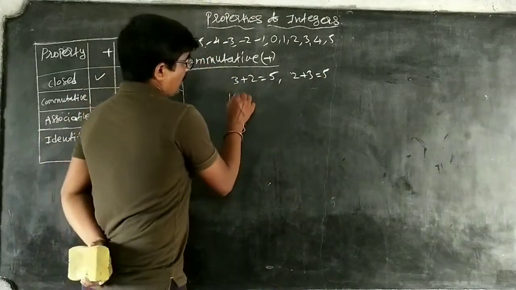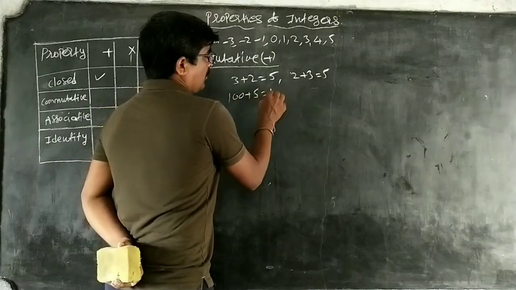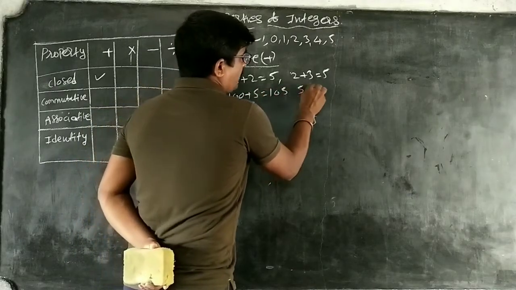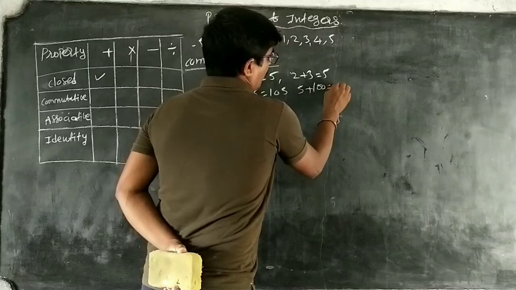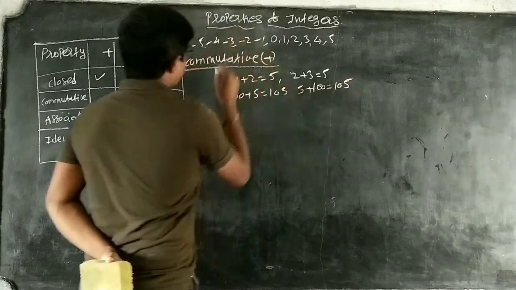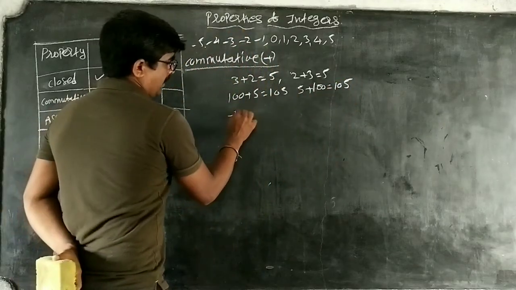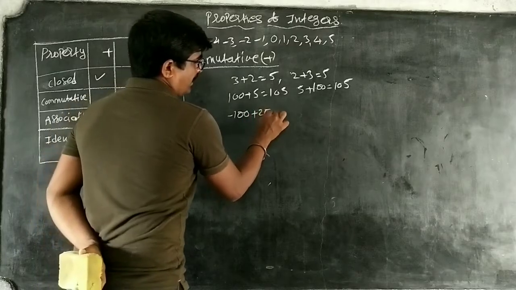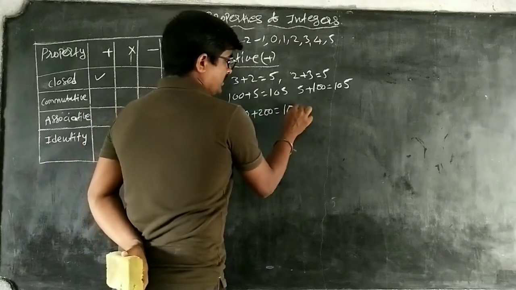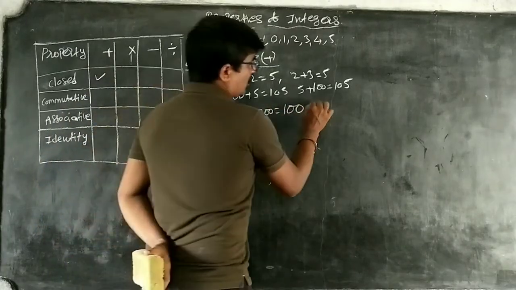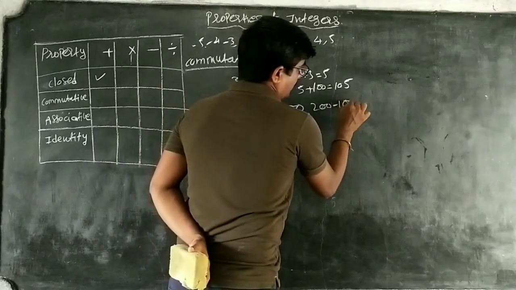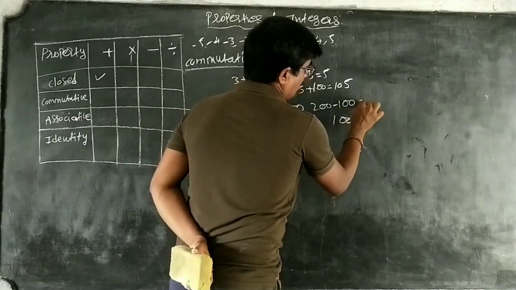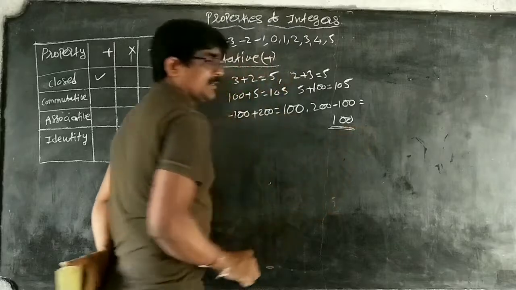Then it is called commutative. For example, 100 plus 5 is equal to 105, and 5 plus 100 is equal to 105. If I take negative numbers also, minus 100 plus 200 gives you 100. And 200 minus 100, the answer is also 100.